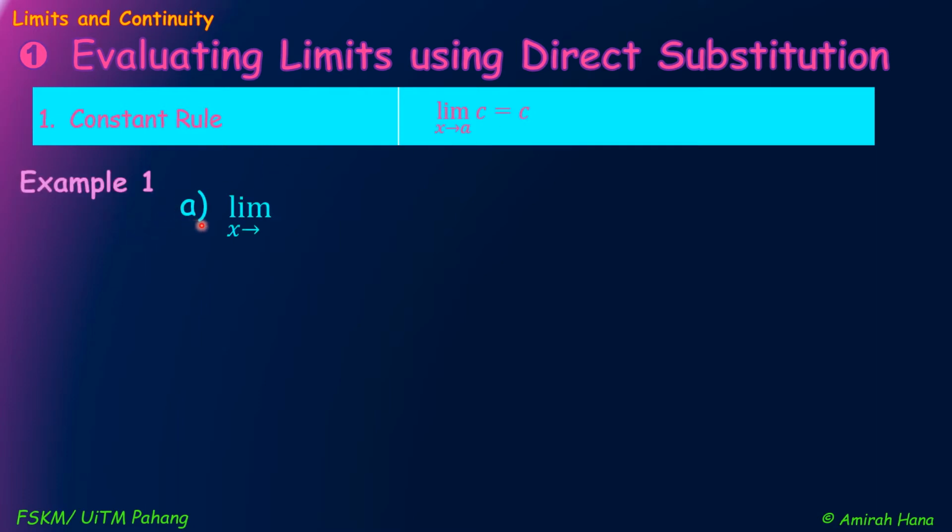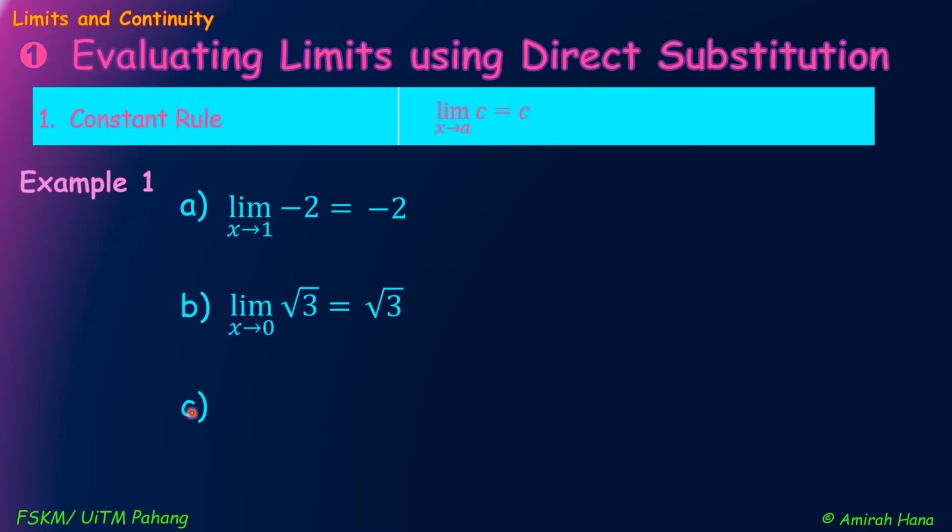A. The limit as x approaches 1 of negative 2 equals negative 2 using this theorem. B. The limit as x approaches 0 of root 3 equals root 3, because there is no variable x to substitute here.